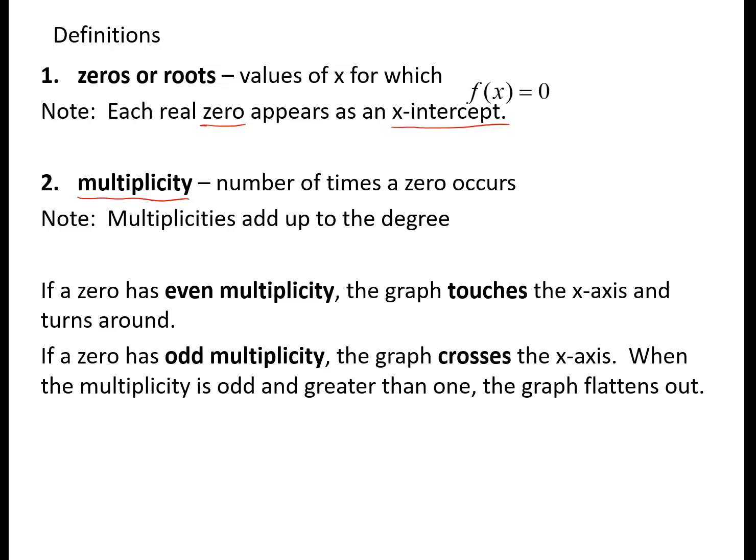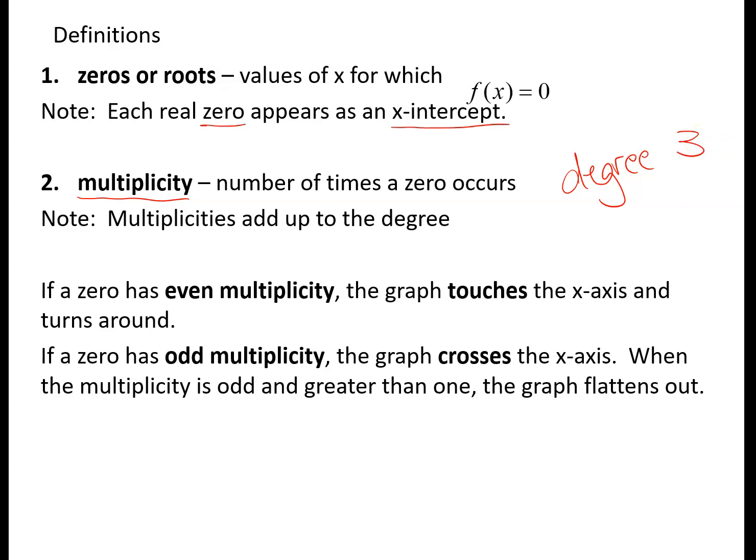So let's say I have a function that is degree 3. The degree tells me how many zeros or roots I'm going to have. So I'm going to have 3 zeros. But they do not all have to be different.